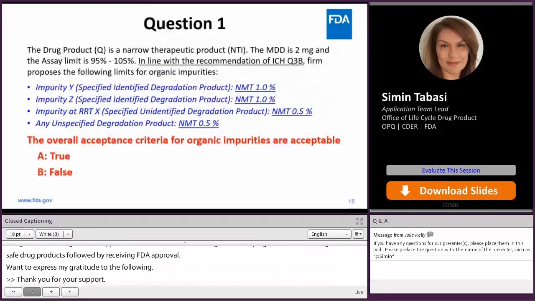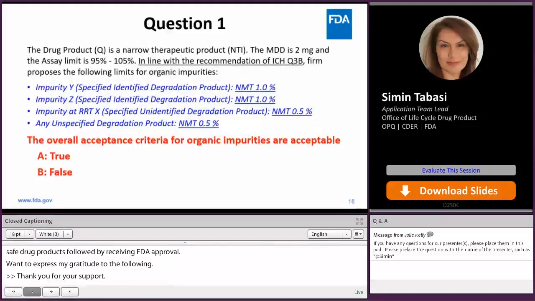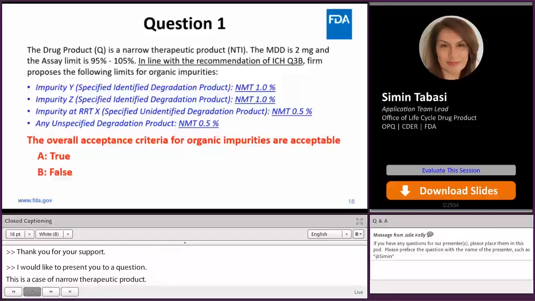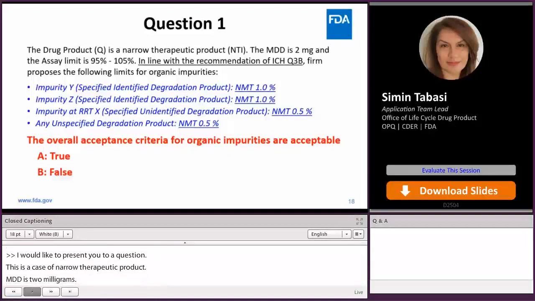Before I close my talk, I would like to present you 2 questions. This is a case of narrow therapeutic drug product. MDD is 2 mg and the assay is 95 to 105%. The acceptance criteria for impurities are in line with ICH Q3B recommendations.